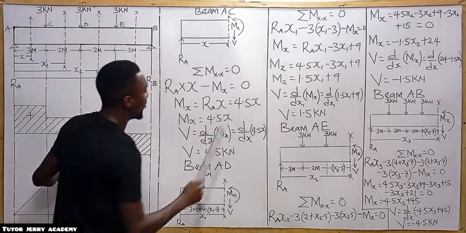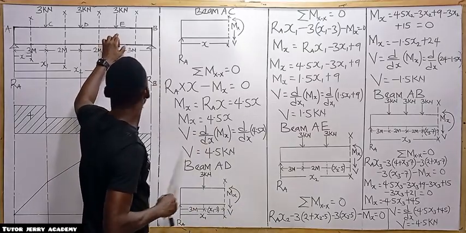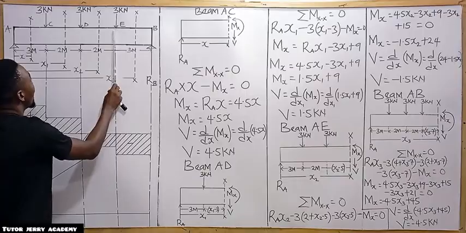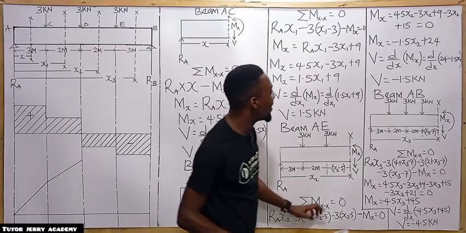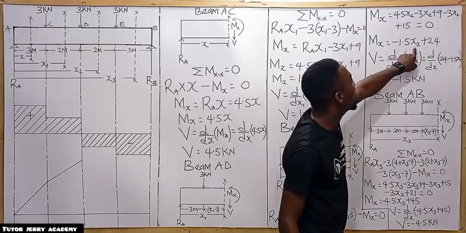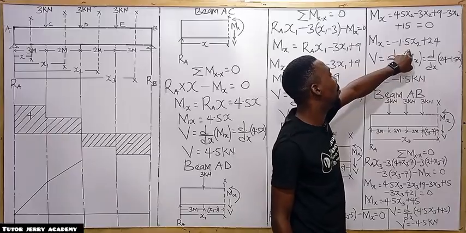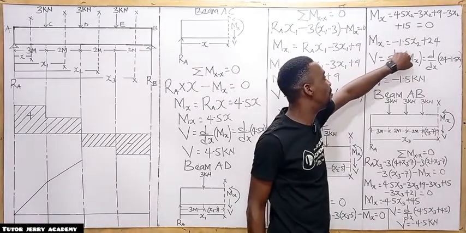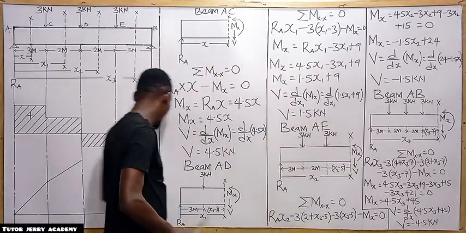All right. Now for us to get the bending moment at point E, we are going to consider the total distance here, which is 7. So we go to the bending moment equation here and replace our S2. S2 there is 7. So negative 1.5 multiplied by 7 plus 24, you are going to have 13.5.